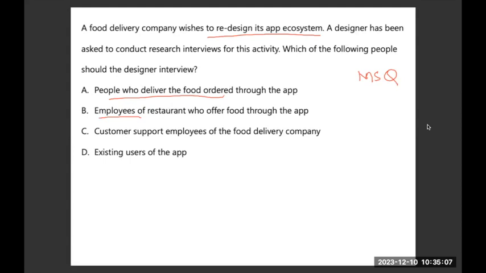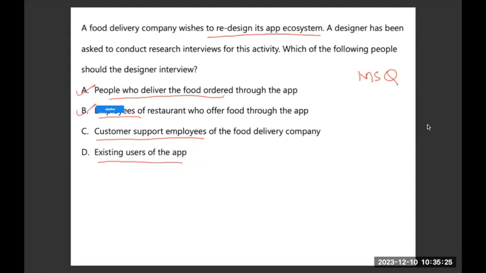You also need to interview the customer support employees who will be in contact in case of any complaints or issues faced by the delivery person or the customer. And you also need to interview the existing users of the app.